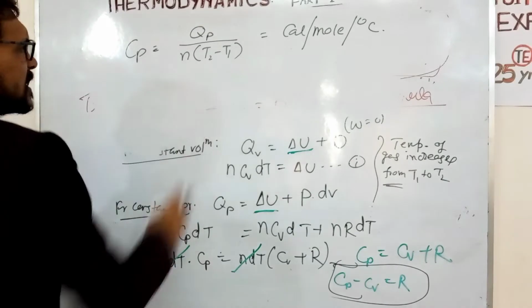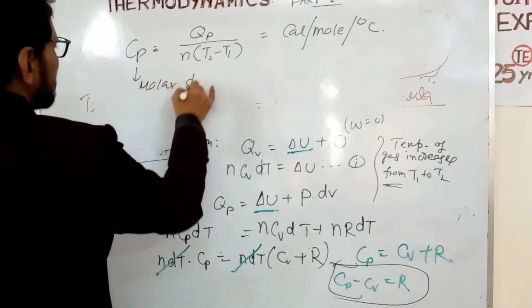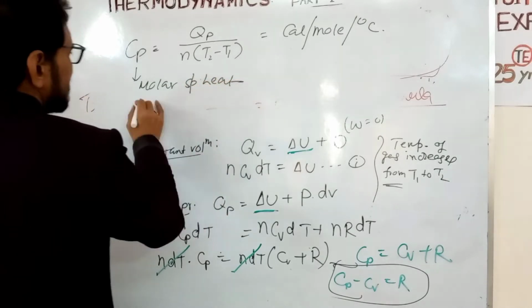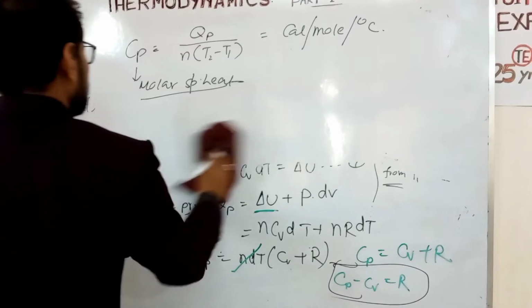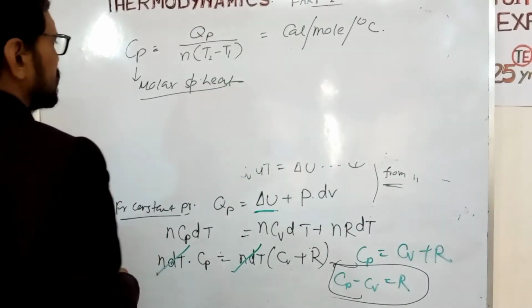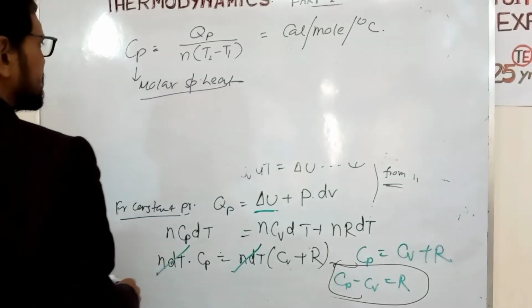This is called molar specific heat. So molar specific heat is calorie per mole per degree centigrade.